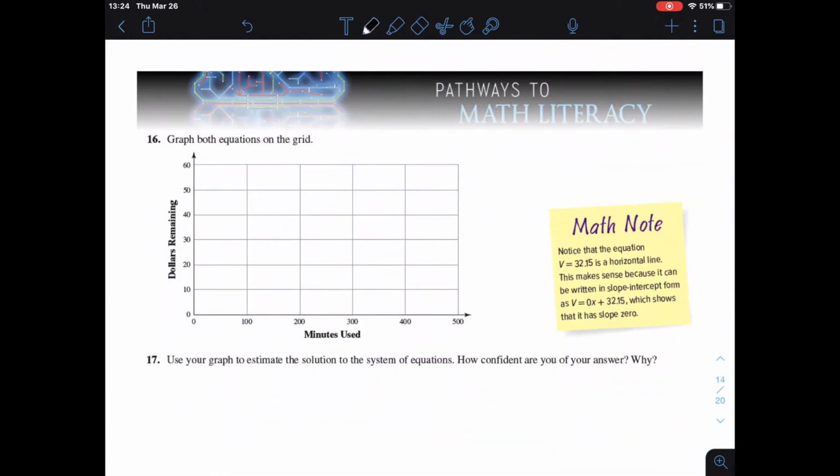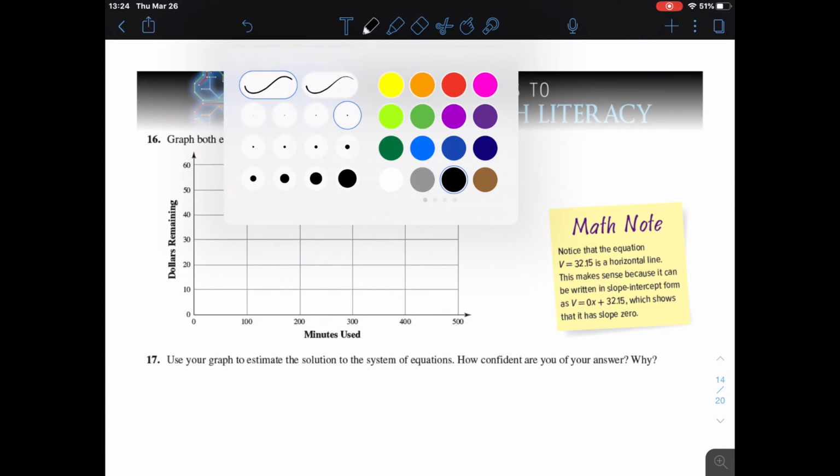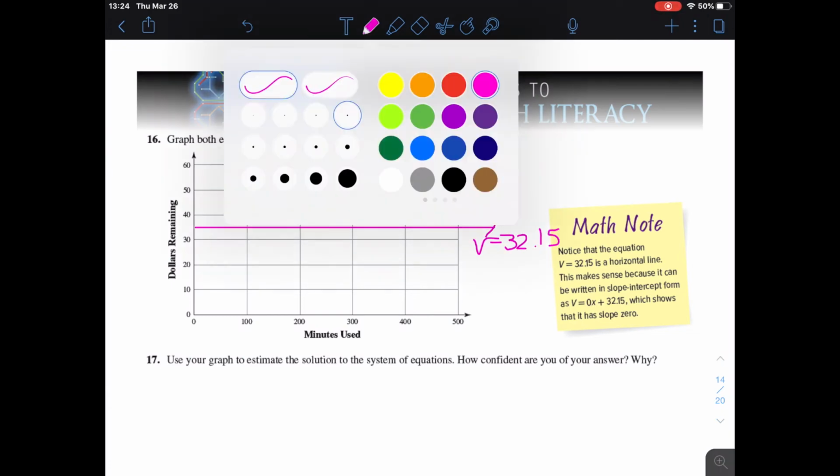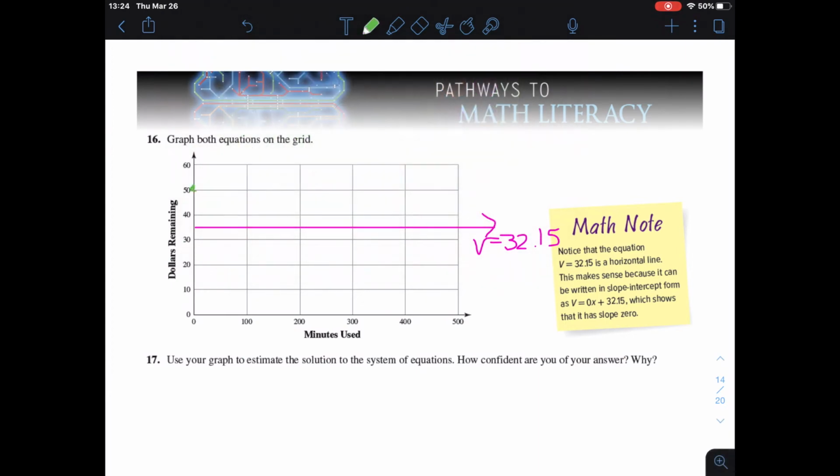If we do graph them, the first one is that the value is always $32.15, which is right around here. So here's V equals 32.15. The second equation, you start at $50, and after 100 minutes you're down to 43.